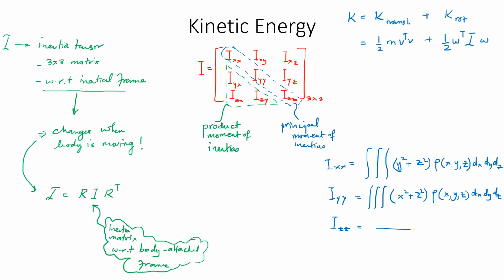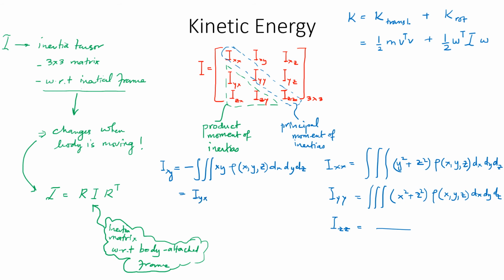Whereas in the product moment of inertias, let's say for Ixy, for example, that is going to be minus this triple integral of x and y, and then you have the density of the material being used, then dx, dy, and dz. But that would be equal to Iyx.